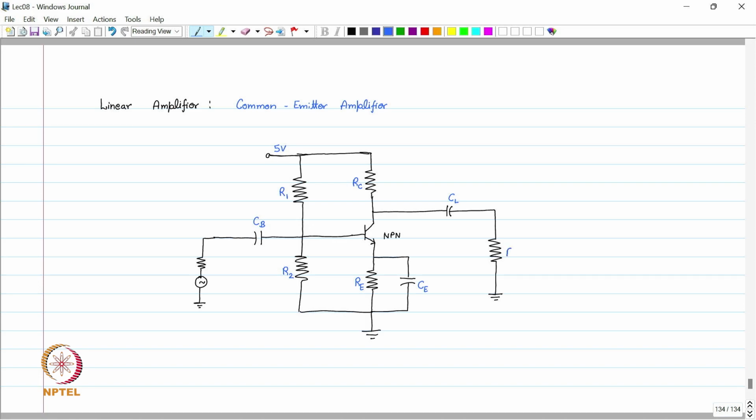This is RL, the load resistance, and this is typically the signal unit, which is the preceding unit which is generating this small signal and applying it at the CB, and this voltage generated by this V signal actually gets amplified at the output node, which is V node.